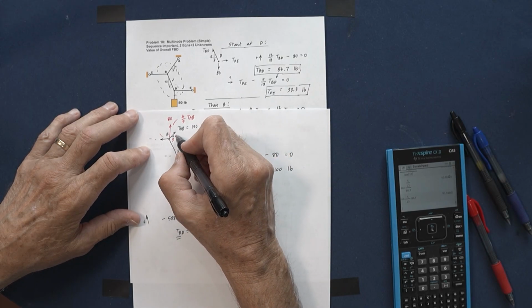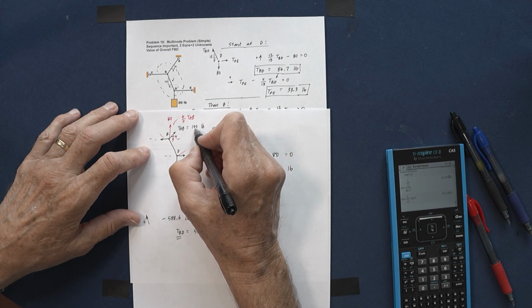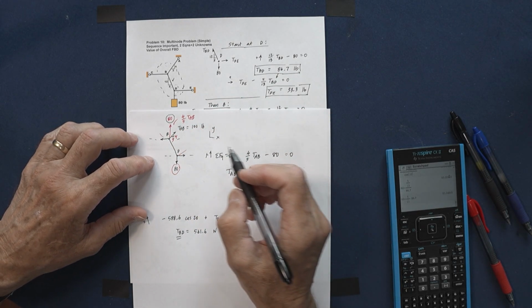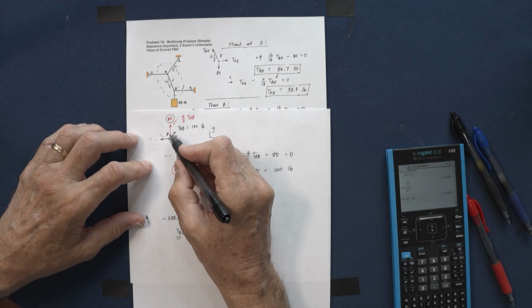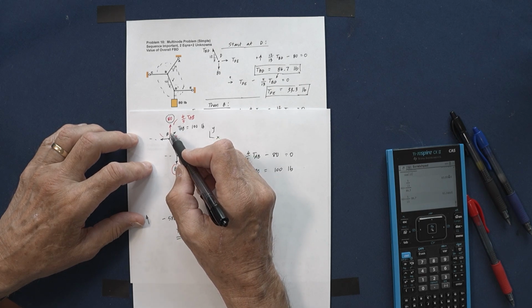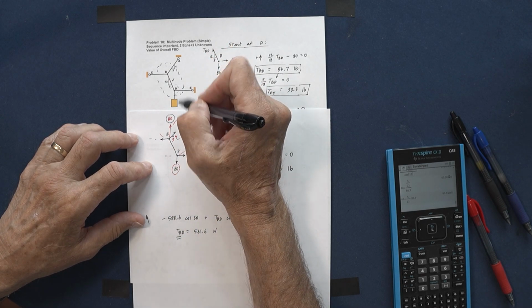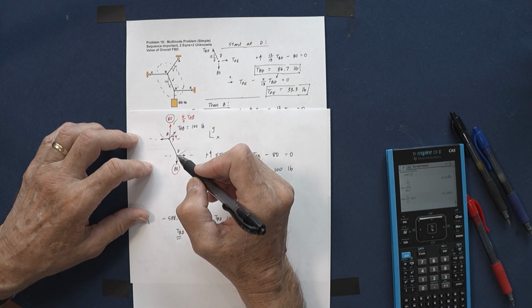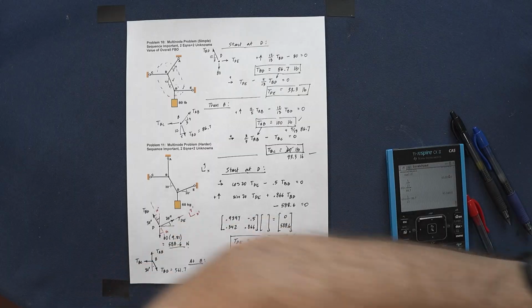If you resolve it into x and y components, 4/5 of 100 is 80. And so on this overall free body diagram, we could have gotten this 80 here from the overall free body. Let me do that on a clean sheet of paper.